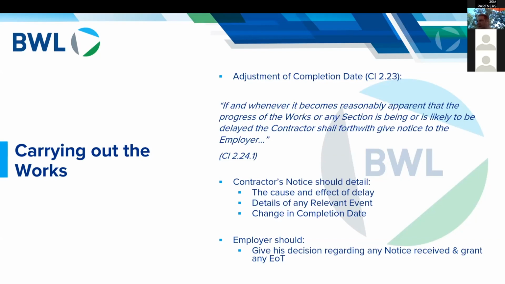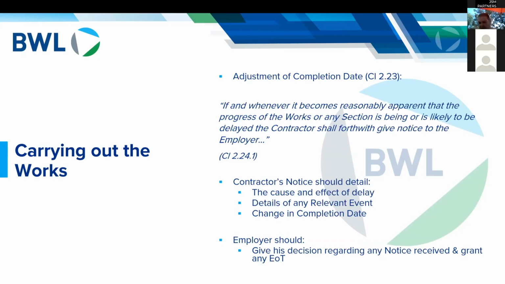And to do that, if you instigate the change as the developer, called the employer within the contract, the onus is then on the contractor to give notice to the employer to detail what the cause and effect of the delay is, making reference to relevant events, which is a long list of defined events under the contract that give rise to an extension of time.